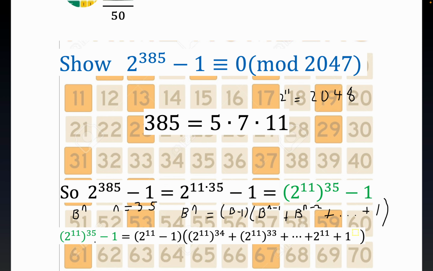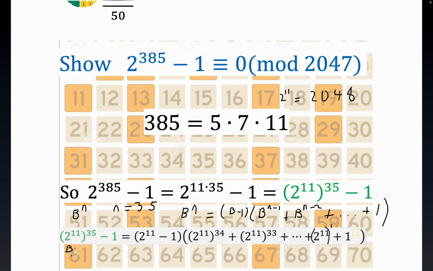This part right here would be your b: 2 to the 11th is your b. And you get this form here. This would be 35 minus 1, 35 minus 2, all the way out to the end, 2 to the 11th raised to the first power. So it is in the form.